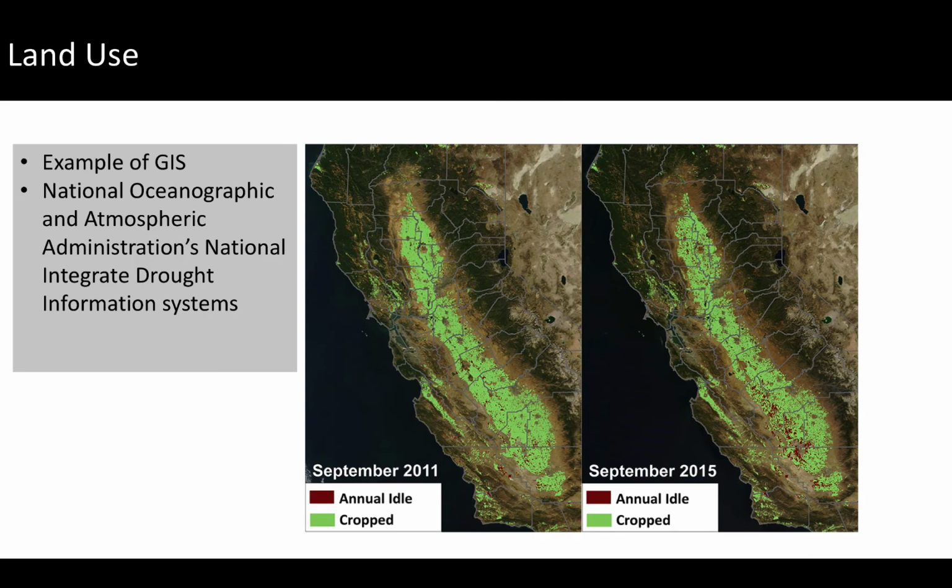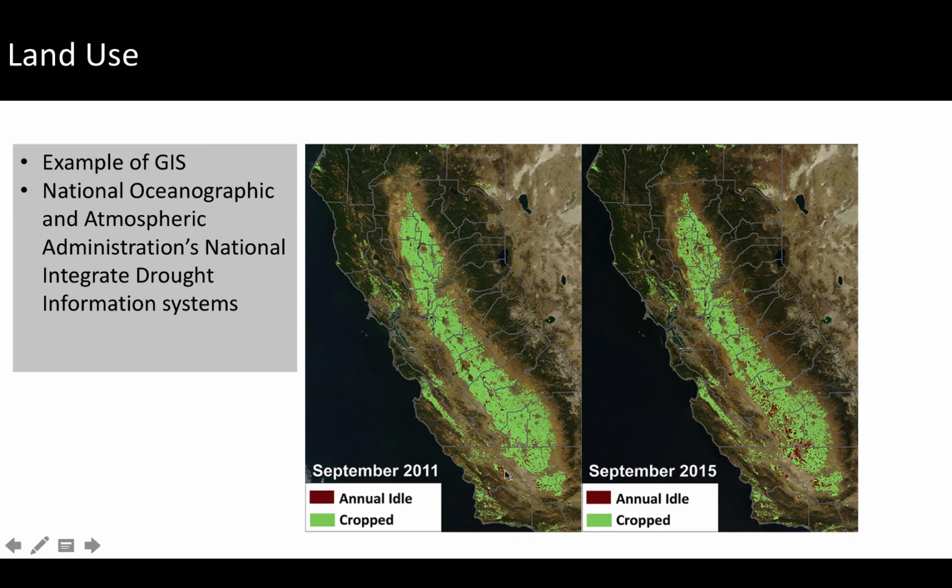Now, we've also taken this to the extreme and used numerical modeling to evaluate these data sets. This is the Central Valley, and what it's showing you from 2011 to 2015 is area of cropland. So you can see the area of cropland in green. Some of it comes out of the valley, and then you have this blob down here. Okay, and then annual idle areas.